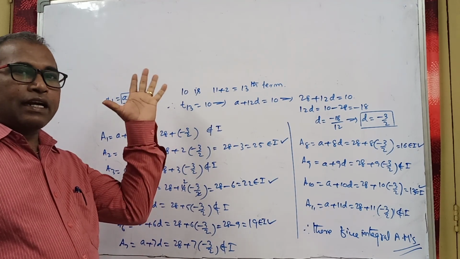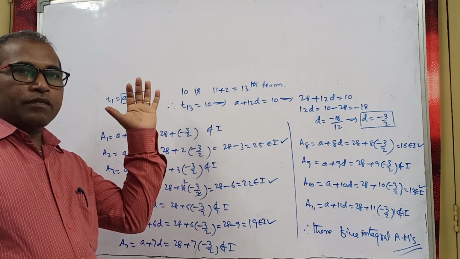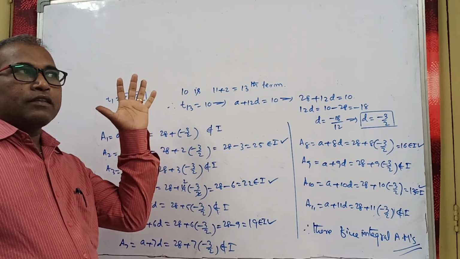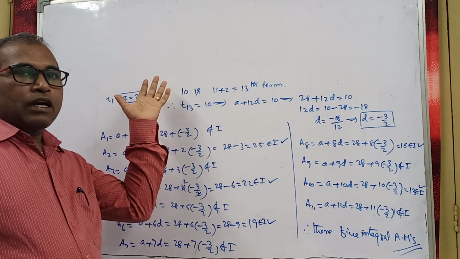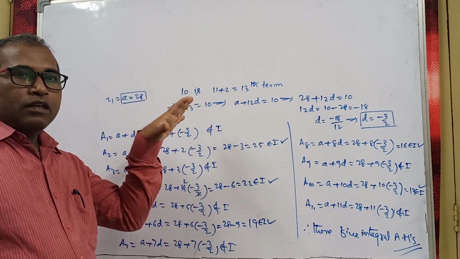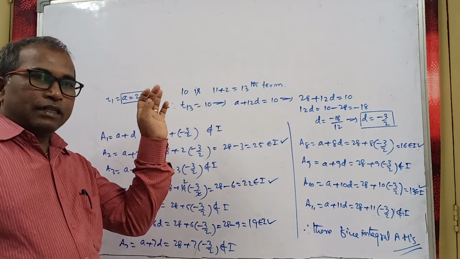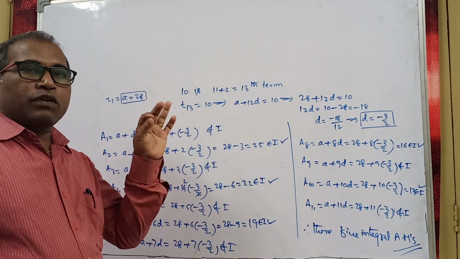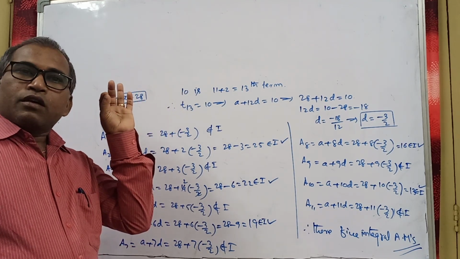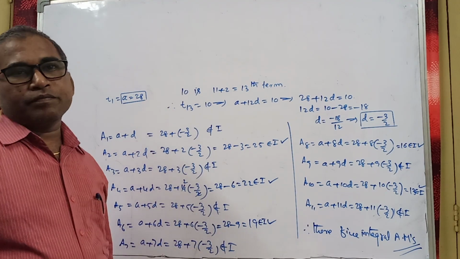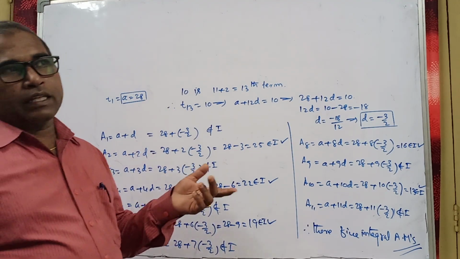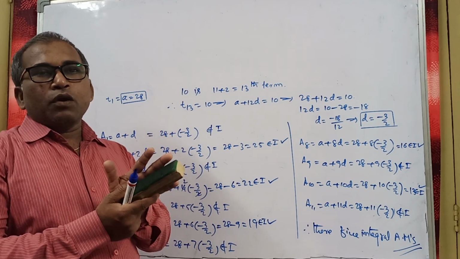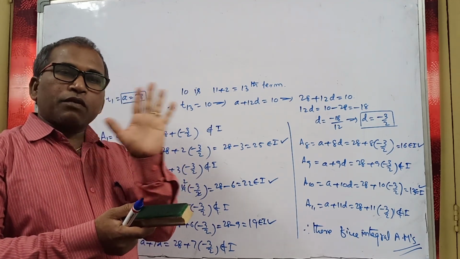First write the given data, then see what we need to find, then think how to relate the given thing and the thing which we need to find. Both must have some relation. If they don't have any relation, no one in the world can solve that problem.